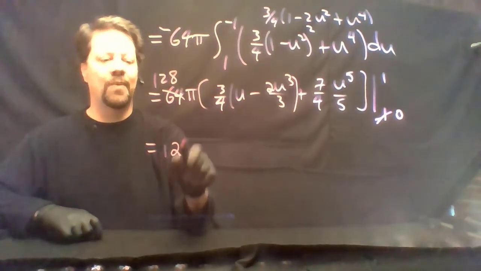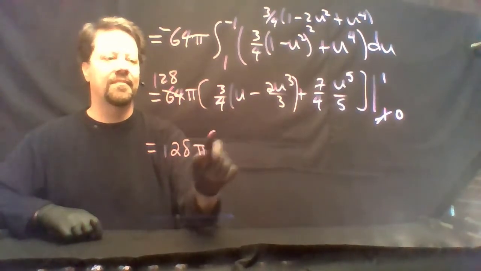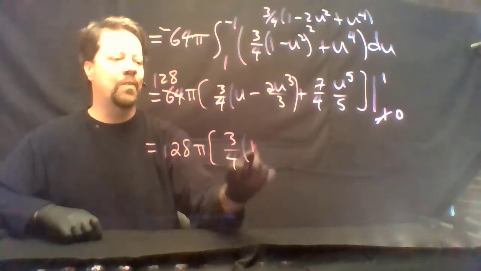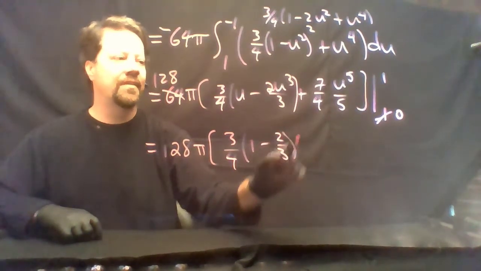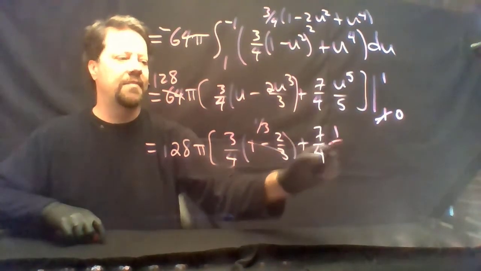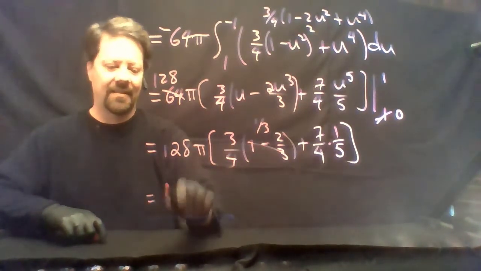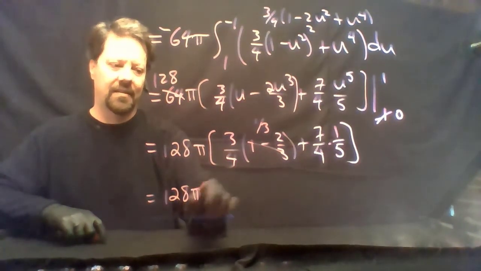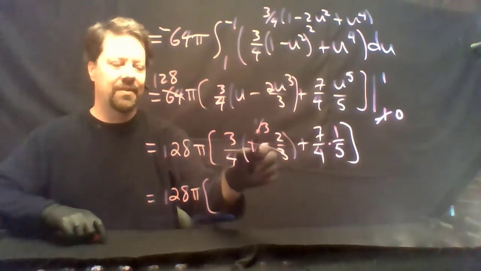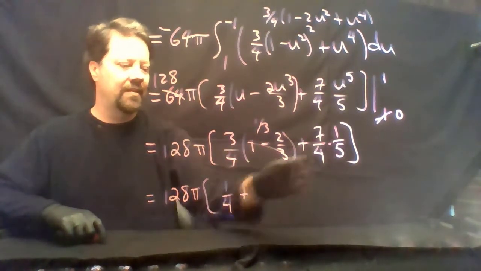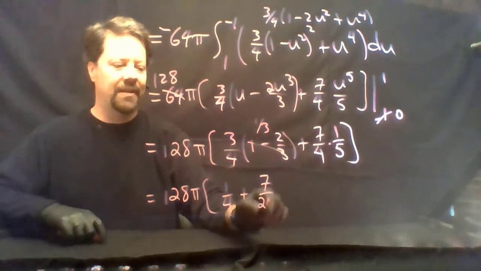So we have 128 pi. Plugging in 1, we'll have 3/4 times the quantity 1 minus 2/3 times 1/5. One minus 2/3 is 1/3, times 3/4 is 1/4, plus 7/20.